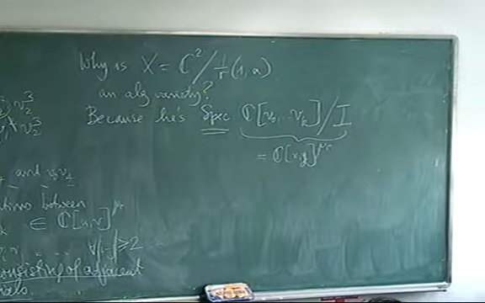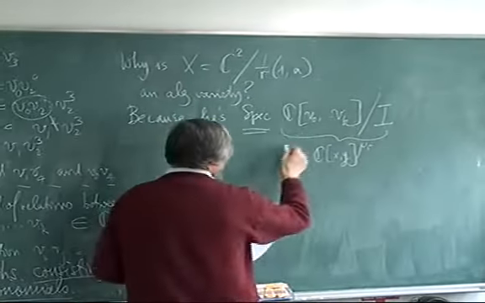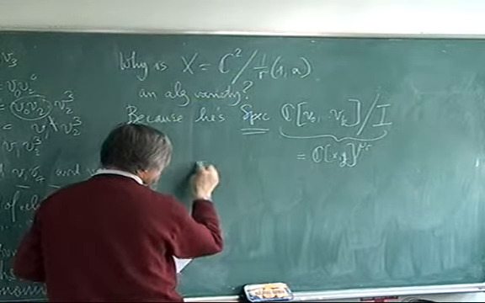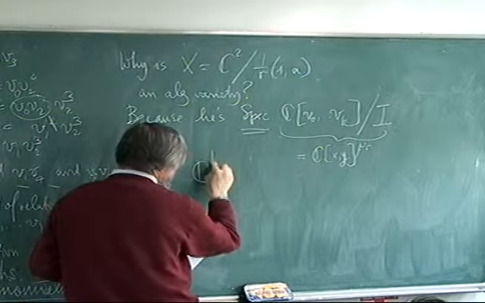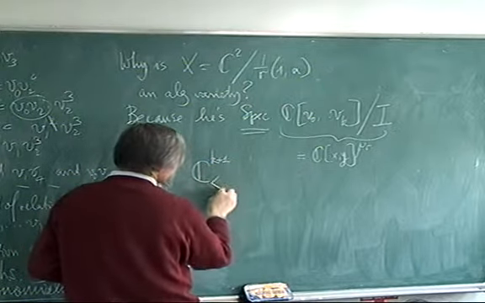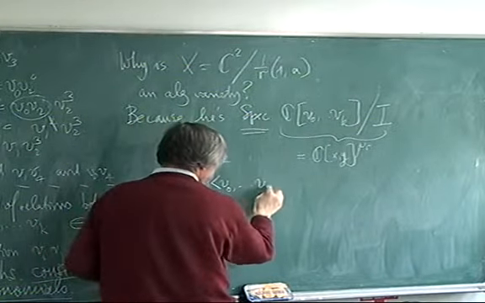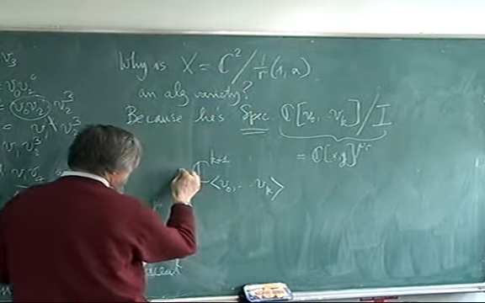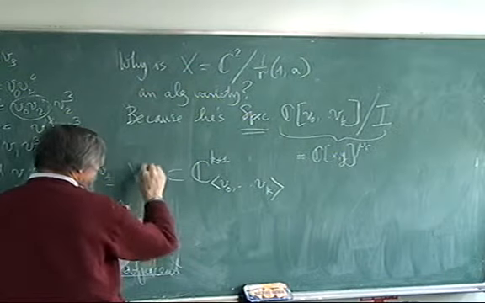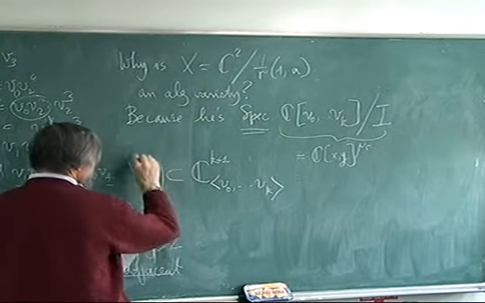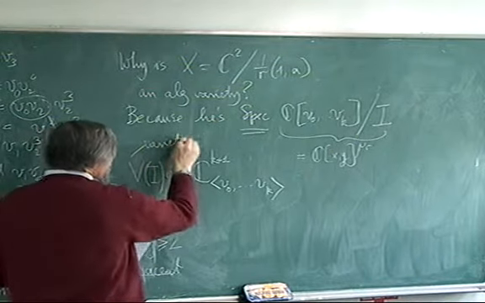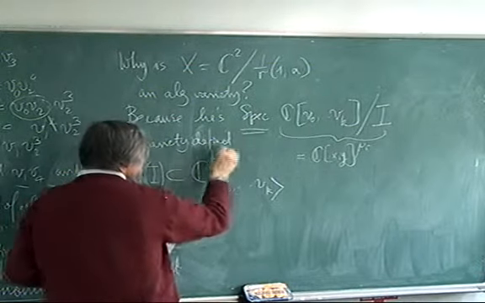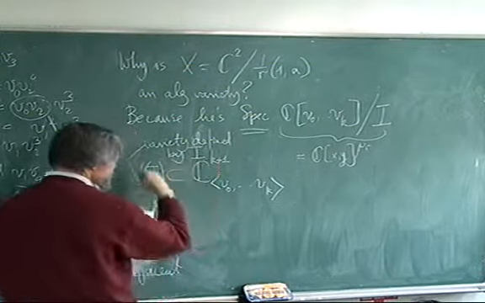I don't expect all graduate students know what Spec is. What this means here is this is a polynomial ring, so I've got C^(k+1) with coordinates V0 up to Vk. I've got some ideal holding here, and so inside here I've got the variety defined by I. So that's the definition of Spec.